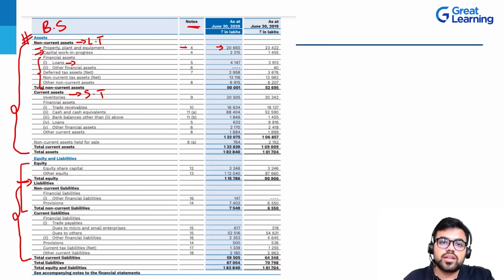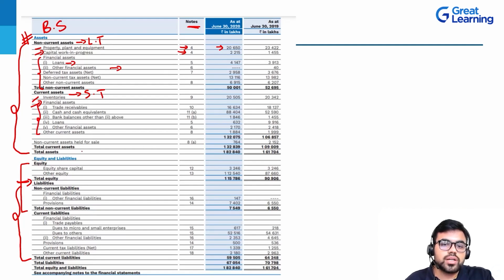So this is the number. If you look at its annual report, it would have these sections under which the details of the particular thing will be told in detail. Okay, so as we can see, there are some short-term inventories, short-term financial assets that have to be paid before or within a year, right? So these are the current assets.